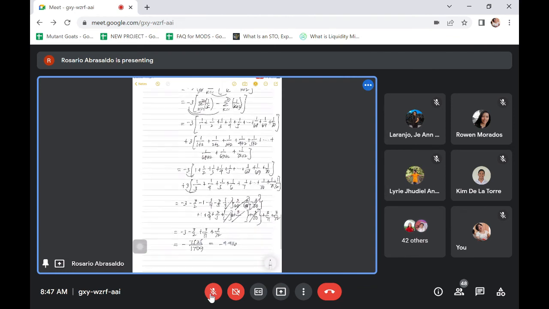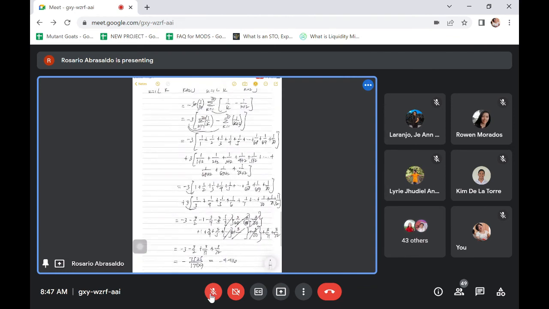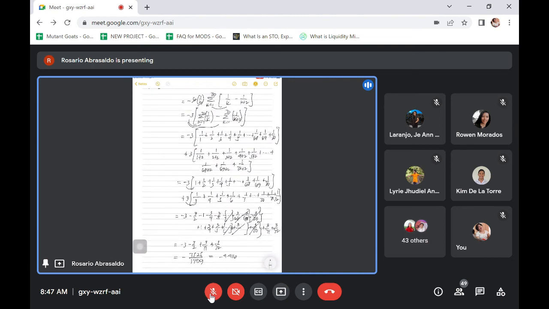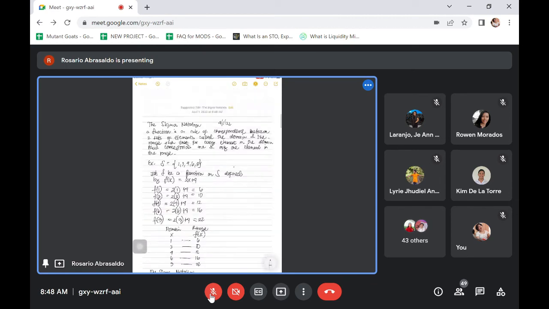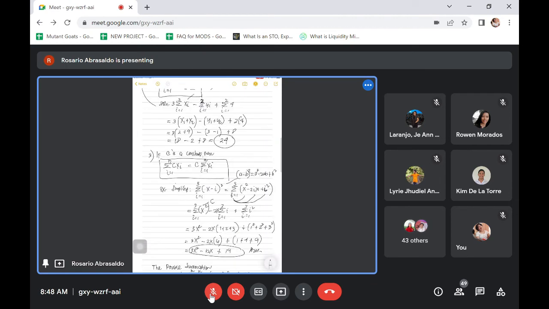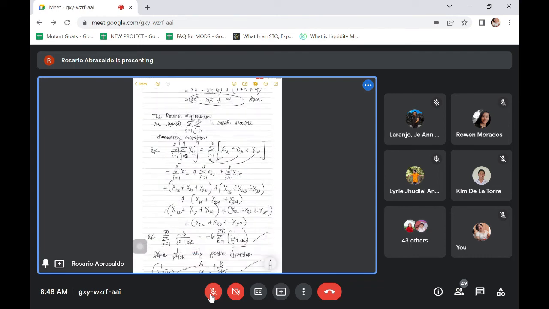Okay, class, so I'll be giving you a quiz next week. Monday, before we start our class. It's either an enumeration, and I also give you, I think, 2 or 3 numbers for the summation notation. So kindly study the basic summation formulas.